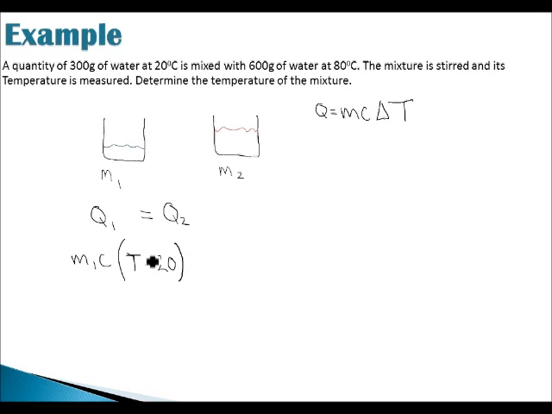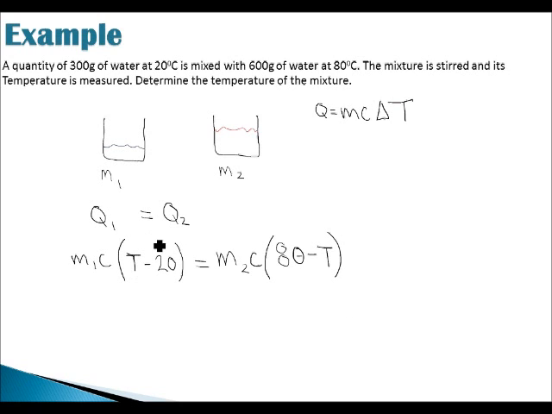Now, we could reverse it and put 20 minus T, but it's going to give us a negative value. We want to make it a positive value all the time, because in this example heat is being gained. Now if we go to the other side of the equation, we have mass 2 times specific heat capacity, and here we have 80 minus the final temperature.